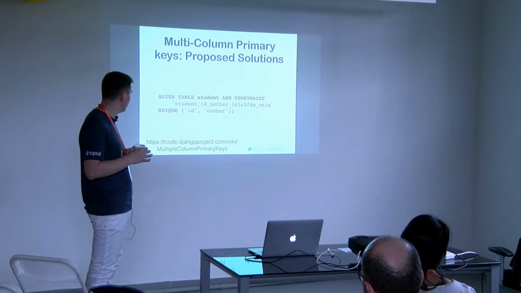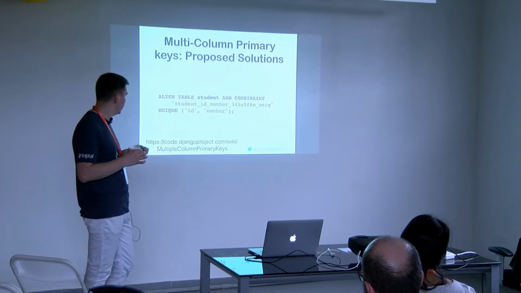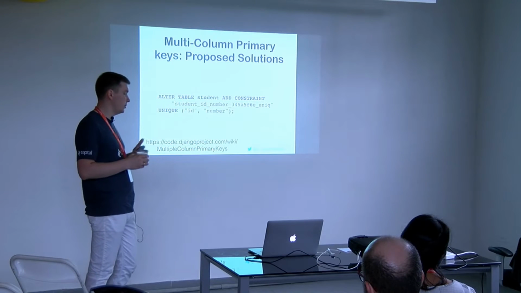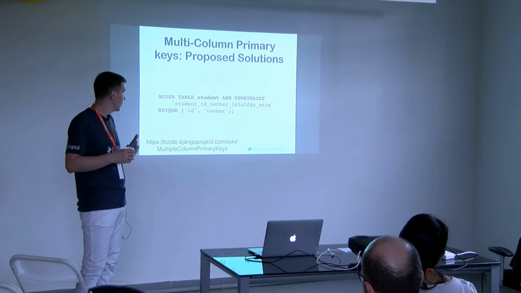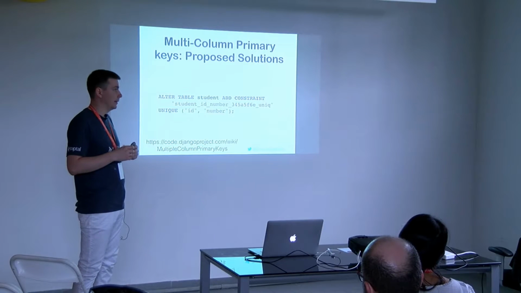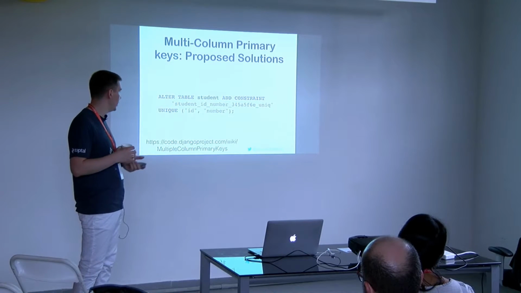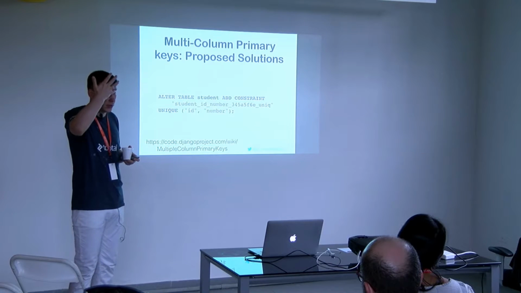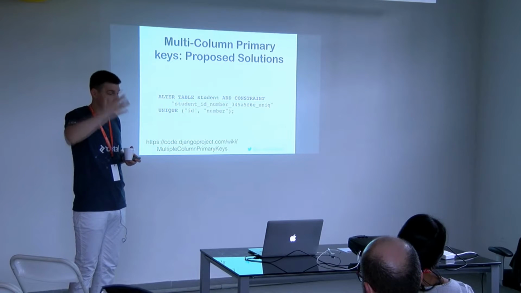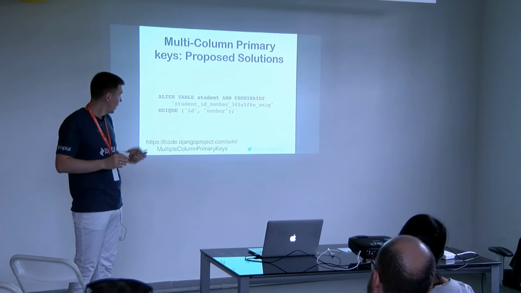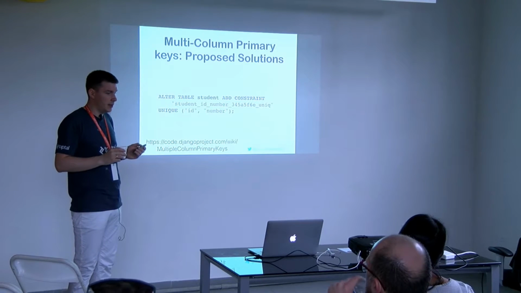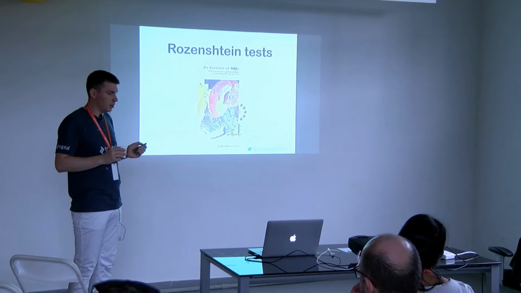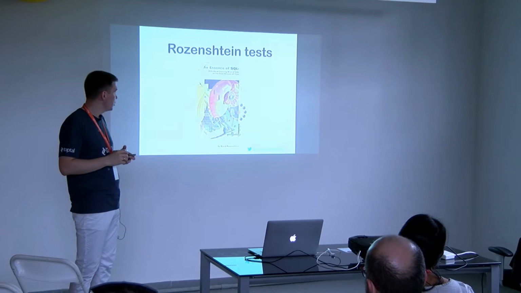And you can find a ticket and a wiki page where core developers argue sometimes or explain what we should do with multi-column primary keys. You can find on the internet some forks where multi-column primary keys exist in Django if you want. Okay, go ahead.